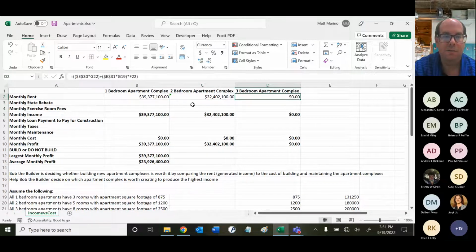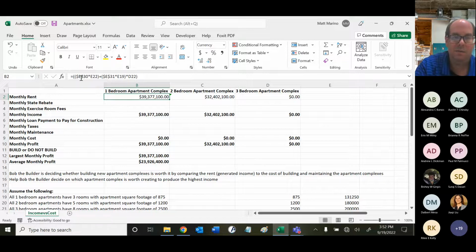Then can you click show a monthly rent equation one more time for the one bedroom? Yep. So it's the absolute of E30 times E22 plus the absolute of E31 times E19 times D22.